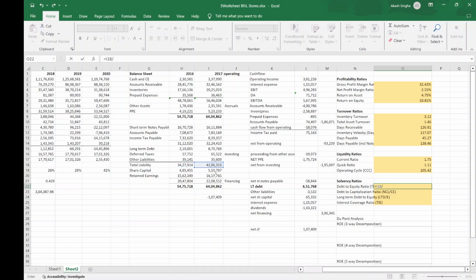Debt to equity here is total liability by equity. 1.9. Non-current liability by capitalization.